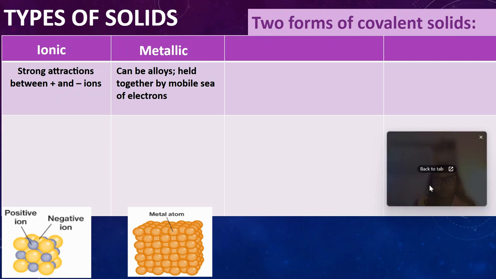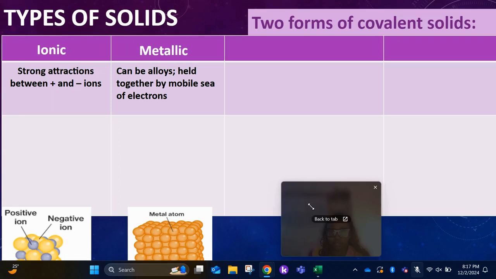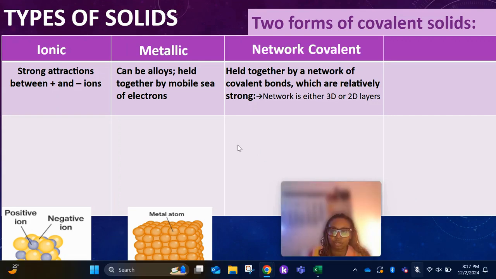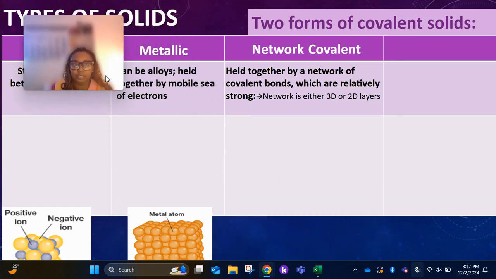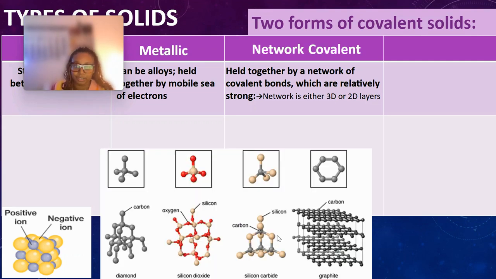There are two different forms of covalent solids. This is really important. There's network covalent, which is held together by a network of covalent bonds, which are relatively strong. Network is either 2D or 3D layers. 3D or 2D literally means three-dimensional or two-dimensional.